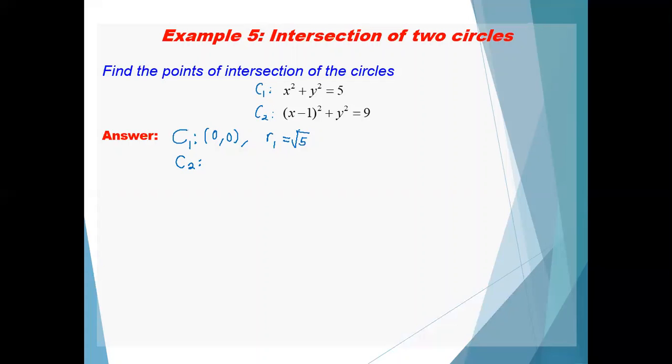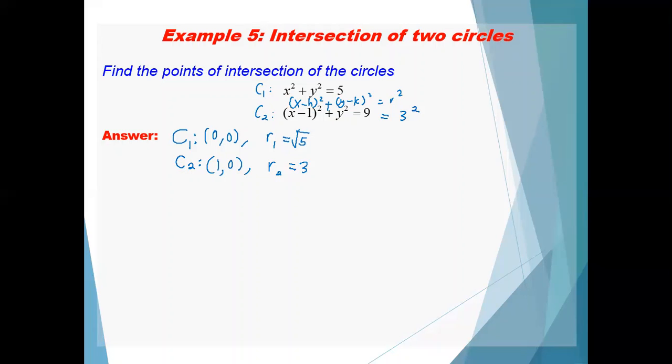Consider this one is C2. It is x minus h squared plus y minus k squared equal to r squared. So the center of C2 is 1, 0, where the radius is 3, since 9 is 3 squared.